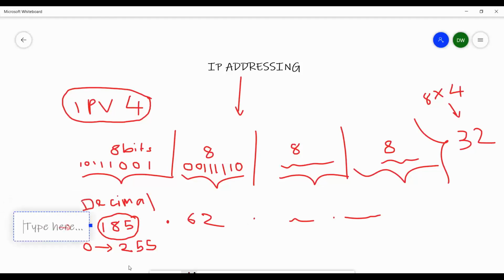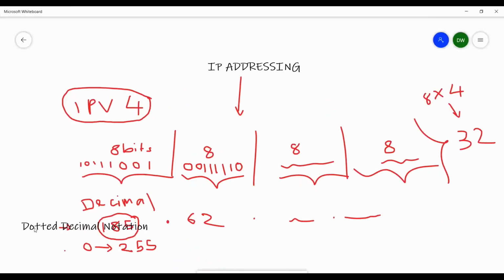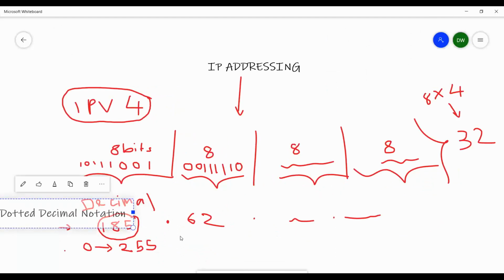This notation is called dotted decimal notation because you have decimal values as well as dots in between.